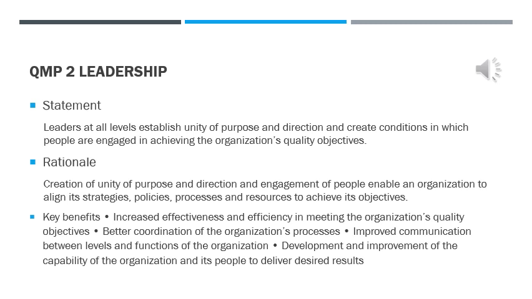The key benefits of this QMP2 are increased effectiveness and efficiency in meeting the organization's quality objectives, better coordination of the organization's processes, improved communication between levels and functions of the organization, and development and improvement of the capability of the organization to deliver desired results.